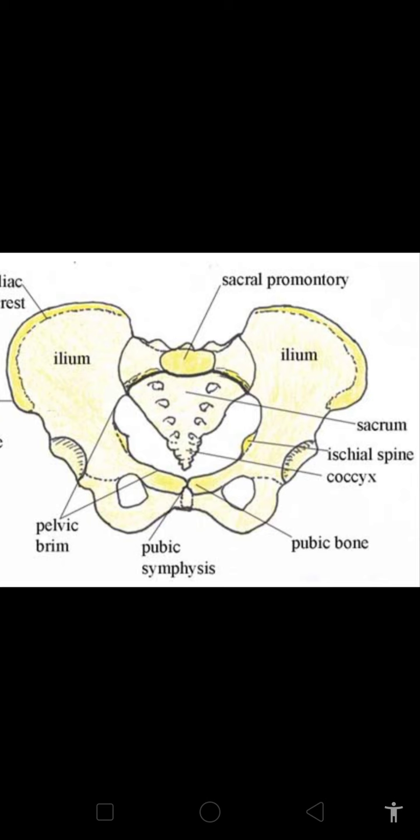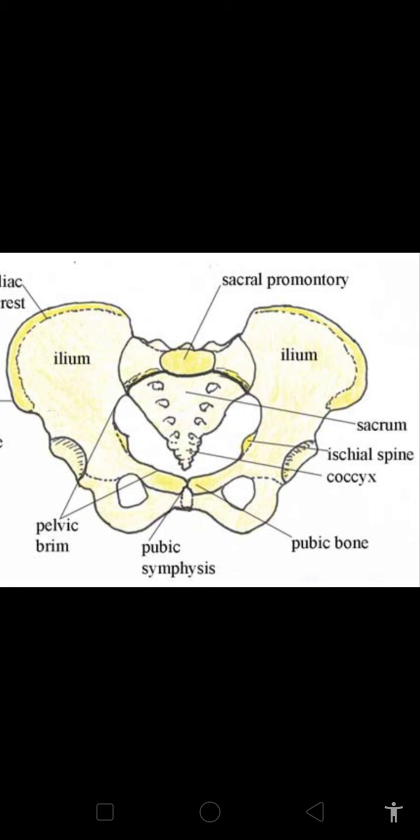Next we'll see the pelvic outlet. It has an anatomical outlet as well as an obstetrical outlet. The anatomical outlet consists of the lower border of all the bones and the sacrotuberous ligament, that is, the sacral tuberosity as well as the coccyx, along with the sacrotuberous ligament, making the lower border.